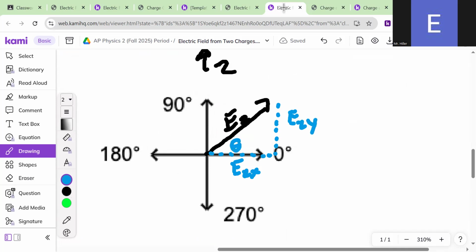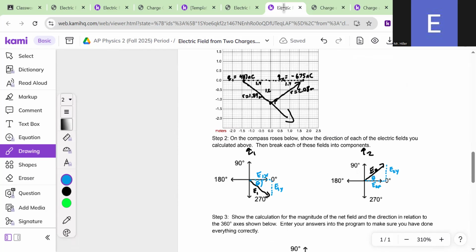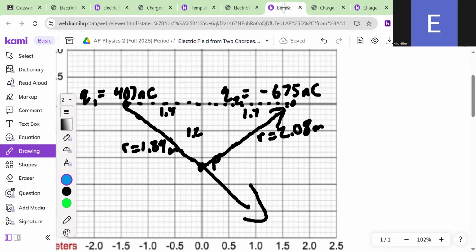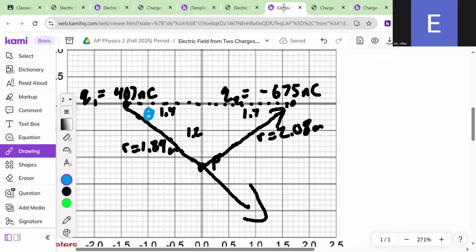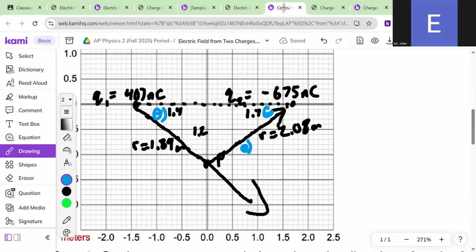And yes, we'll need that angle to do that. By the way, to find those angles, just use a little bit of arctan. There's your theta for angle one, and here's your angle for the second one. For the first one, it would be the arctan of 1.2 divided by 1.4. It's about 40.6 degrees.